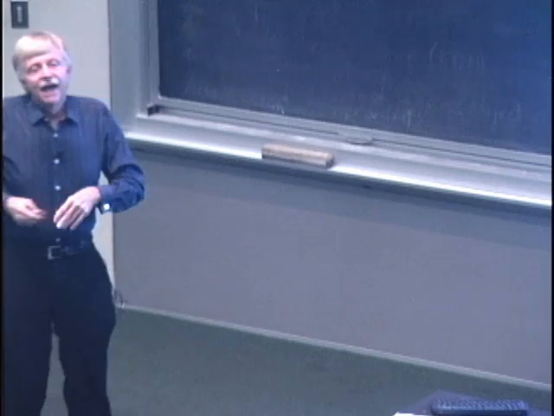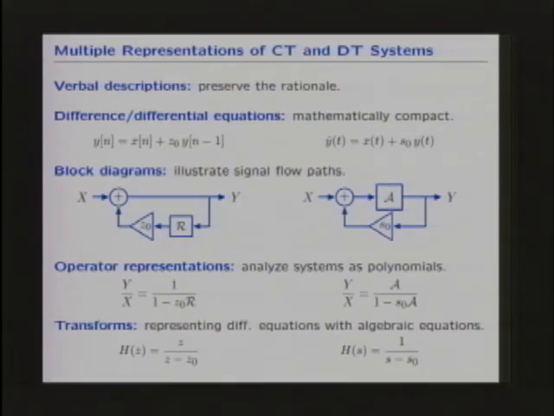Okay, then for today. So far, since the beginning of the term, we've thought about a number of different kinds of representations for both DT systems, discrete time, and CT systems, continuous time systems. We were interested in that large number of representations because each of them had some particular aspect that made it particularly convenient sometimes.